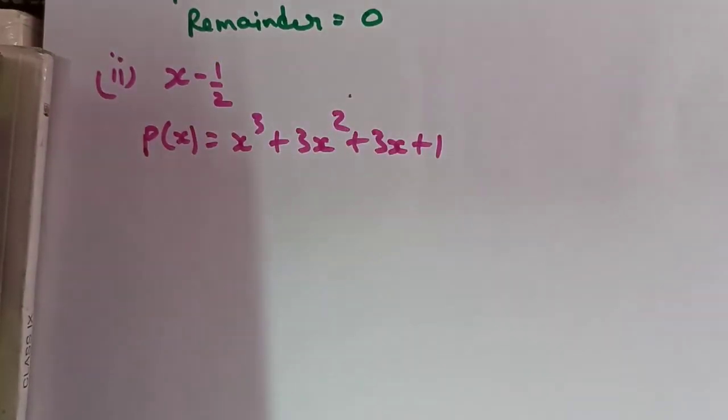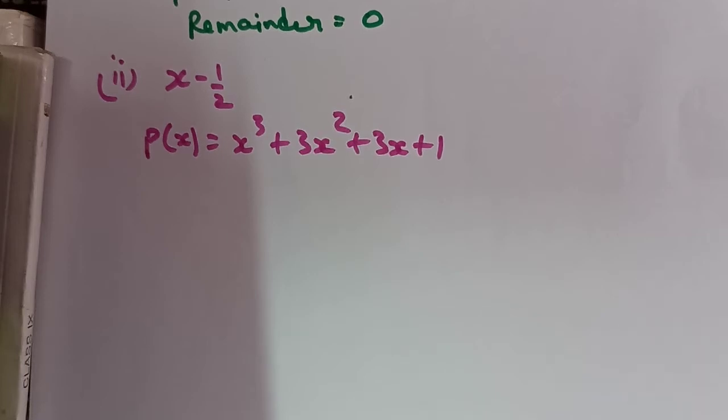Now similarly, in the second part, we are given the divisor polynomial x minus 1 upon 2, and the polynomial p(x) is the same, that is x cube plus 3x square plus 3x plus 1. So the same thing we will do here also.